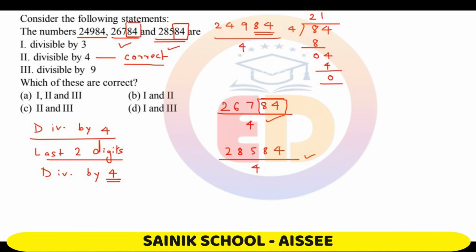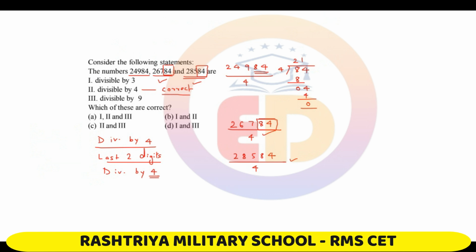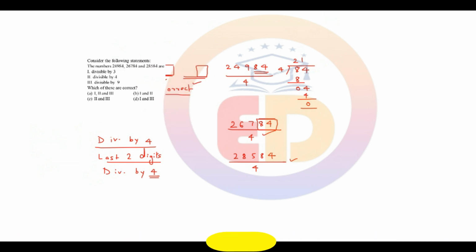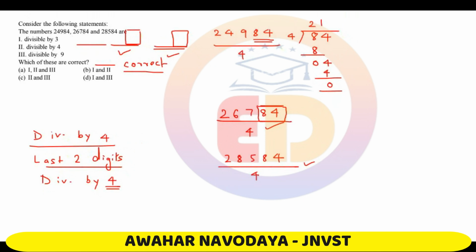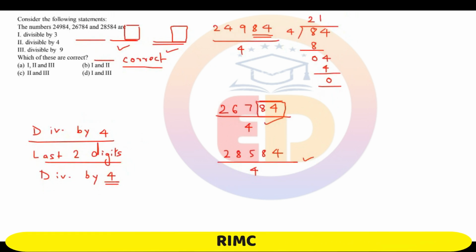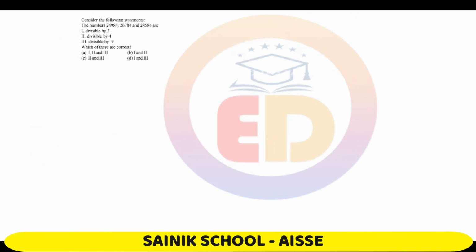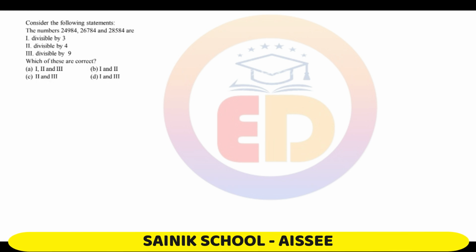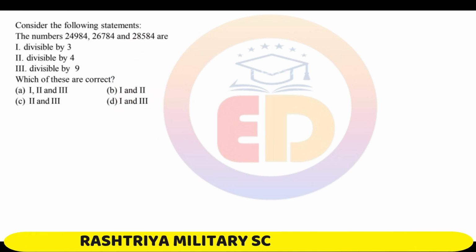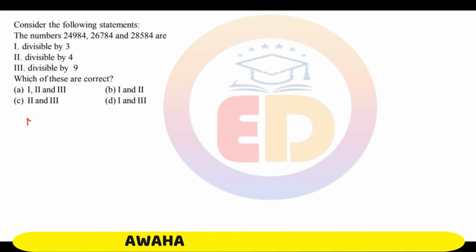Now let us verify whether all these three numbers are divisible by 9 or not. Now, the divisibility rule of 9 is same as the divisibility rule of 3, which is the sum of the digits should be divisible by 9.